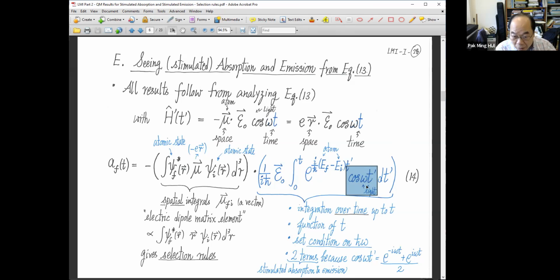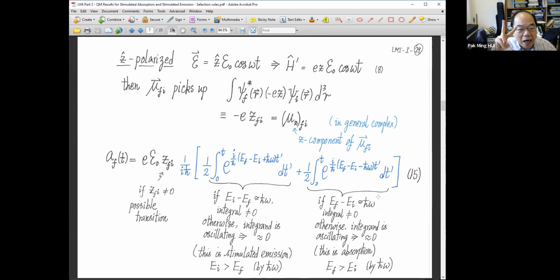Remember that cosine omega t can be written as two exponentials, one with a plus sign, another with the minus sign together. Okay, so this is the most illuminating step. Now, if you put this thing into here, the temporal integral actually has two time integrals.